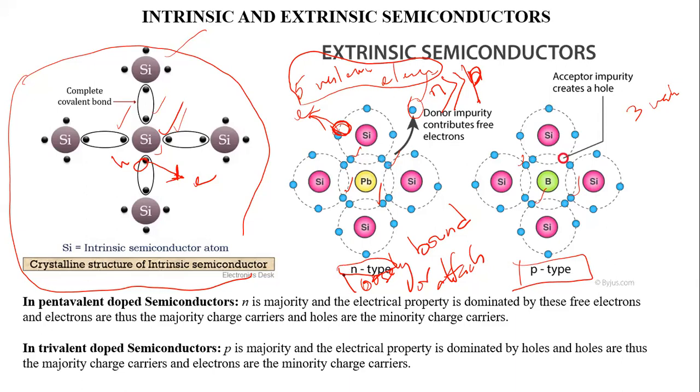Electrons are majority charge carriers because the number of pentavalent atoms inserted is usually sufficiently large, and it results in a large quantity of free electrons. But at the same time, at room temperature, just like in an intrinsic semiconductor, a very small amount of electron-hole pair formation will occur because of the random thermal energy.